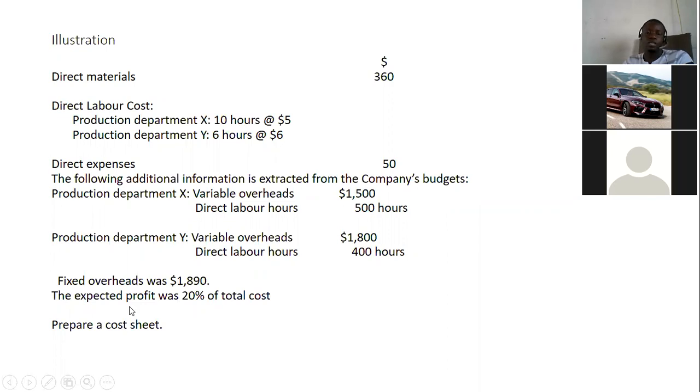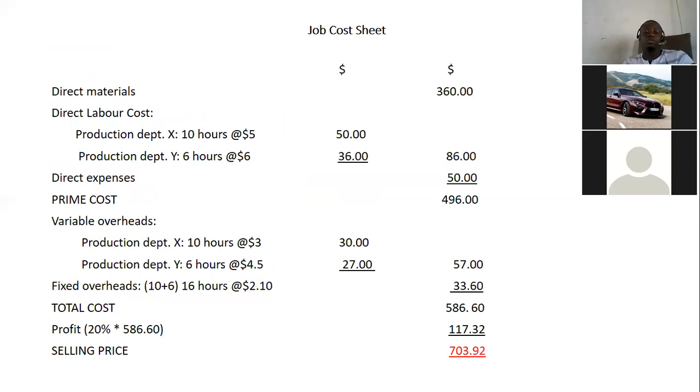So now we are supposed to find 20% of our total cost, which is $586.60.